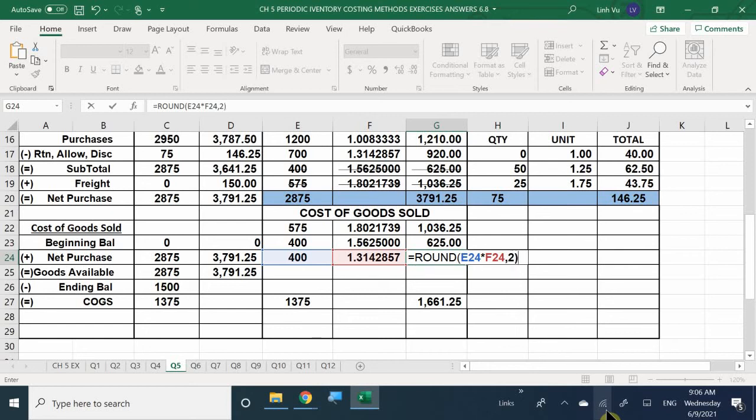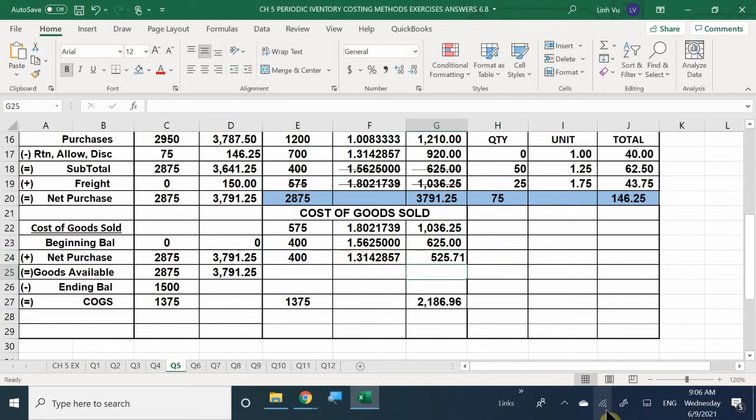So in this case, what is it going to cost me to sell 400 items at $1.31428? What's my total cost? I got 525.71. $525.71.